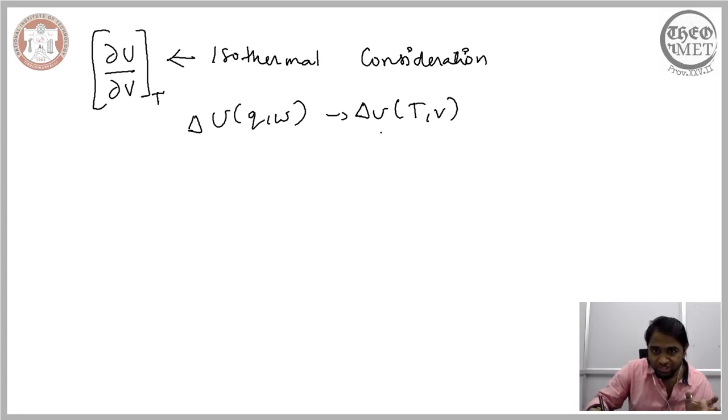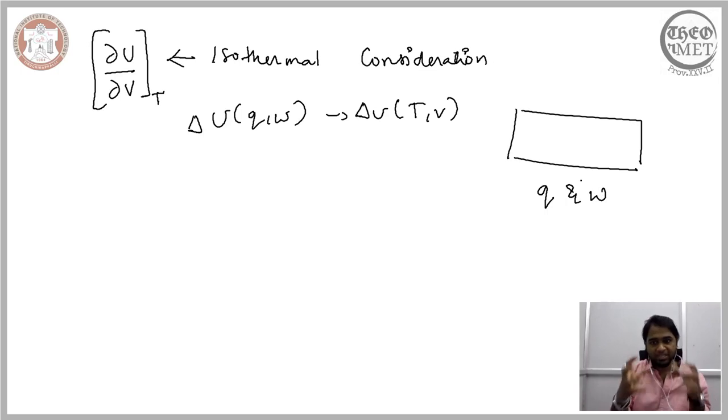Despite these changes, we still consider a system wherein both heat and work are operating simultaneously, allowing for both heat and work to be done on or by the system.